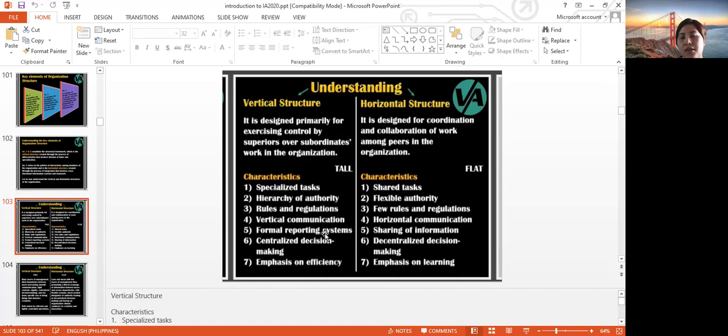These resources refer to money, time, and energy. So that is efficiency, doing the job without wasting resources.